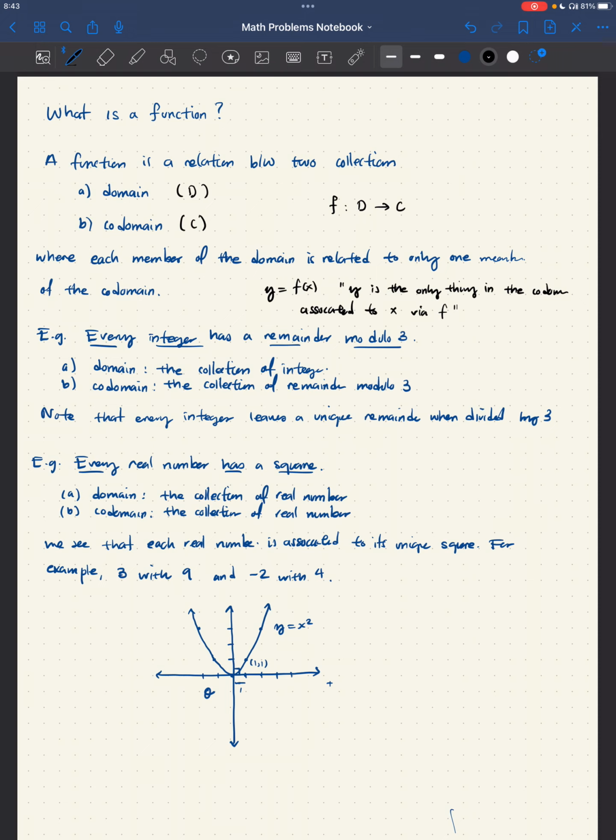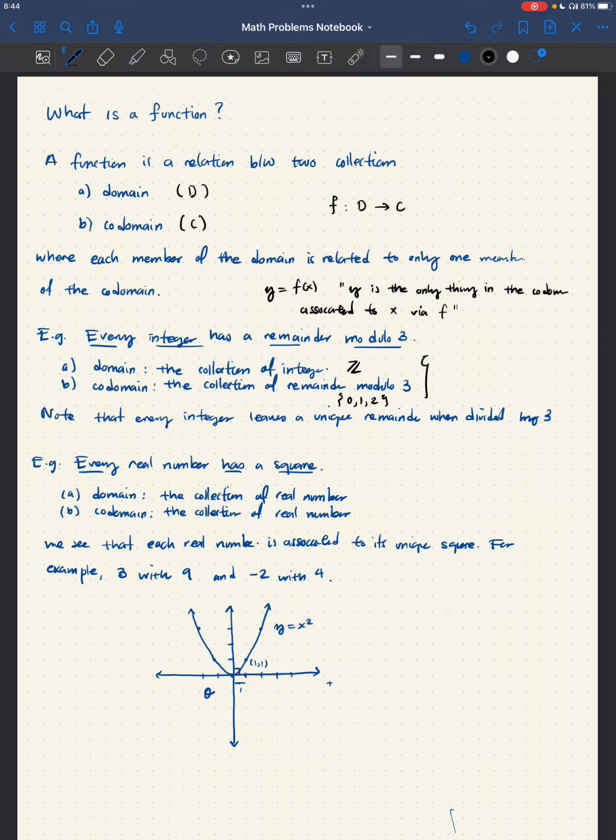So, if we were to give names to the functions that we're representing here, for example, we can say the collection of integers has a special symbol, which is Z. The collection of remainders modulo 3 has no special symbol, but we can shorthand it using curly brackets: {0, 1, 2}.